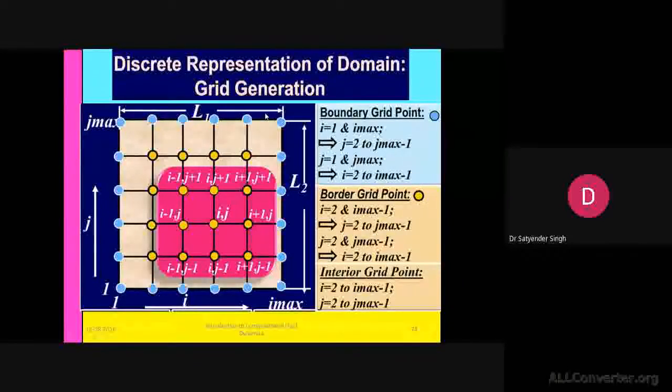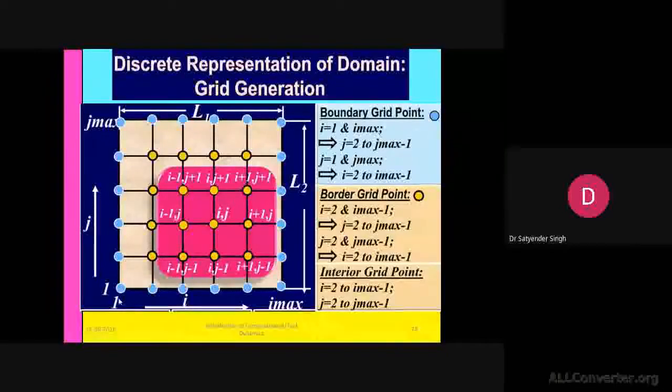So the blue circles are generally called the boundary grid points, and these yellows are generally known as border grid points, and also inner grid points. Accordingly, we can indicate them as per their location, which in a code is creating the coordinates.